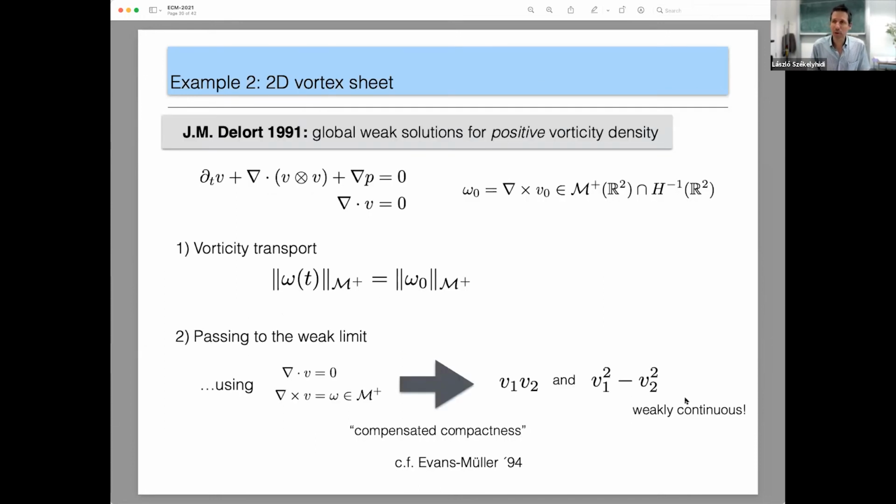Now this also has a long history. Delort proved in a landmark paper in 1991 the existence of weak solutions for positive vorticity density. I'm simplifying things a little bit just for the purposes of the talk.